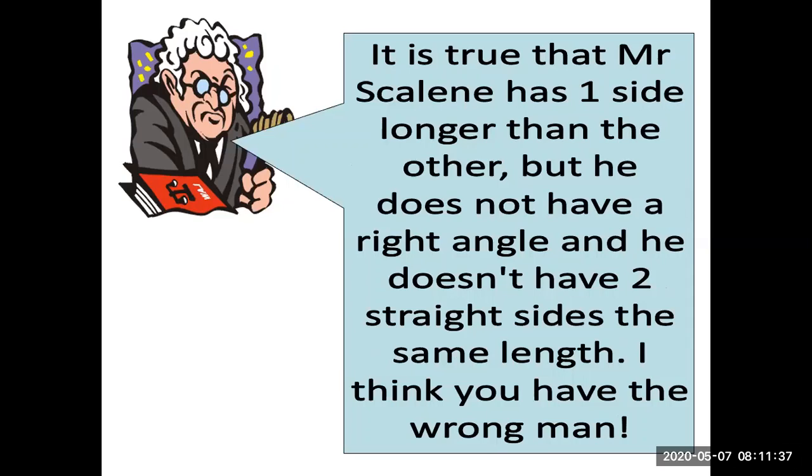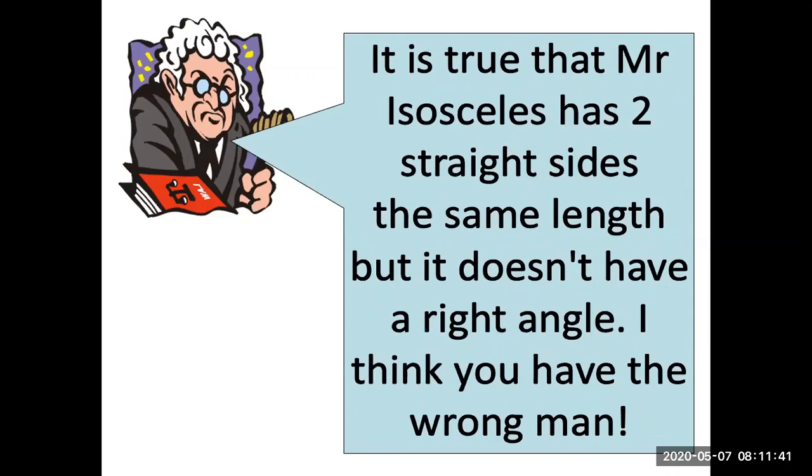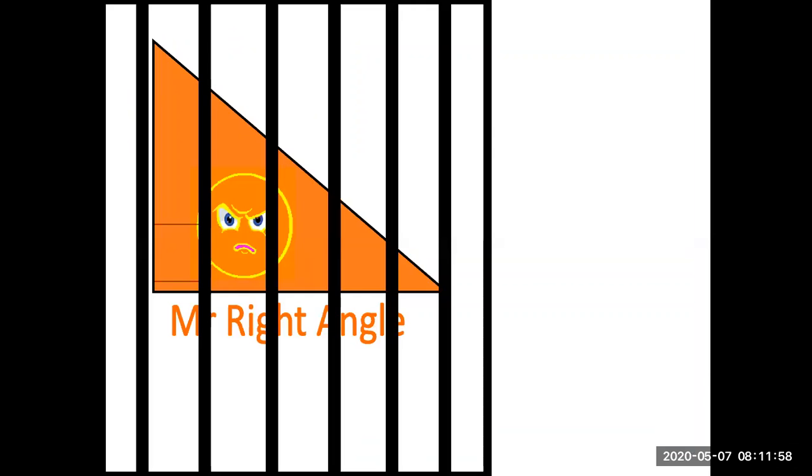I think you have the wrong man. It is true that Mr. Isosceles has two straight sides the same length, but it doesn't have a right angle. I think you have the wrong man.